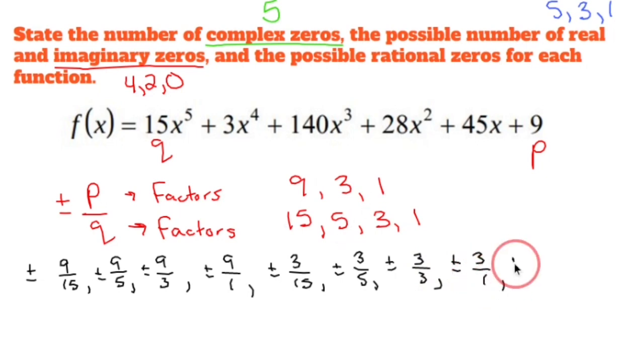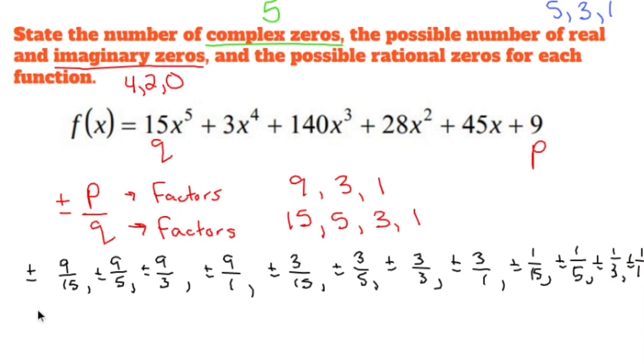Now let's do plus or minus 1 over 15, plus or minus 1 over 5, plus or minus 1 over 3, plus or minus 1 over 1, running out of space. All right, so let's write these all out and get rid of the repeats.